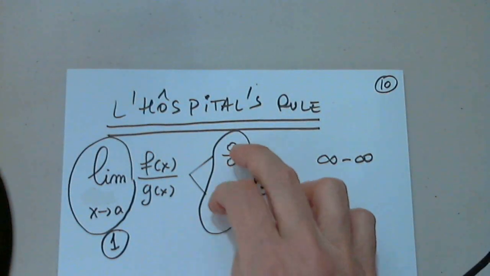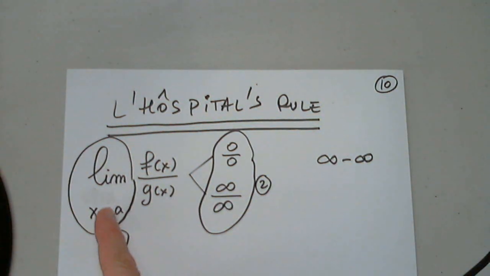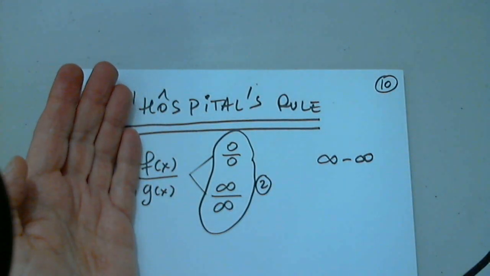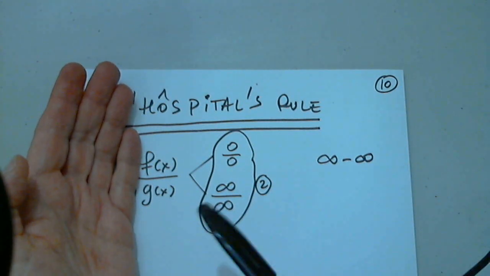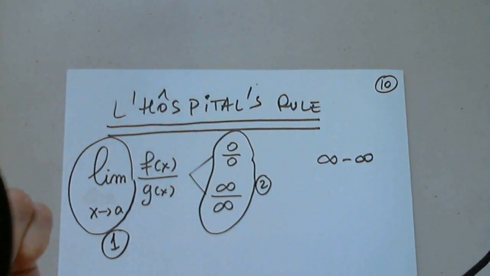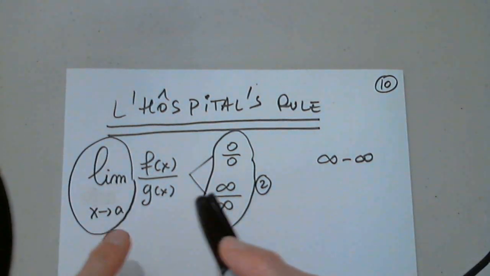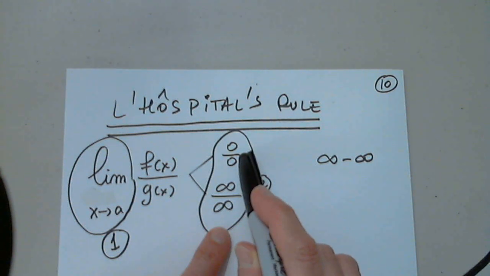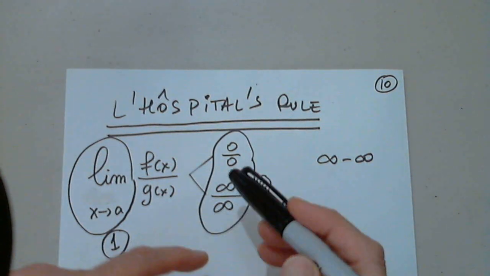If it's not one or the other, we cannot apply L'Hopital's rule. And if it's not the limit, okay? If you have a function and you differentiate or whatever, that's not L'Hopital's rule. So number one, the condition is the limit, and number two, the condition is either 0 over 0 initial or infinity over infinity. The sign is not important.